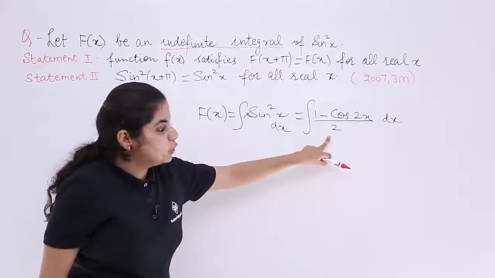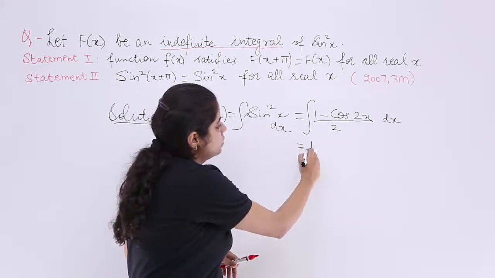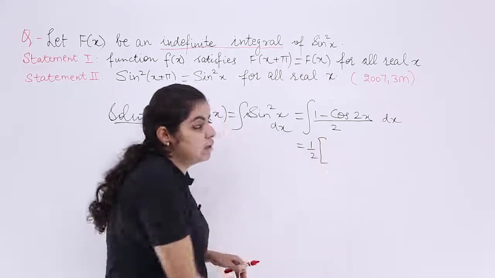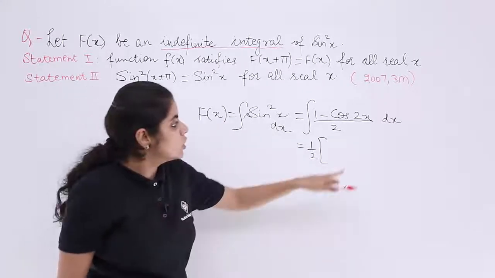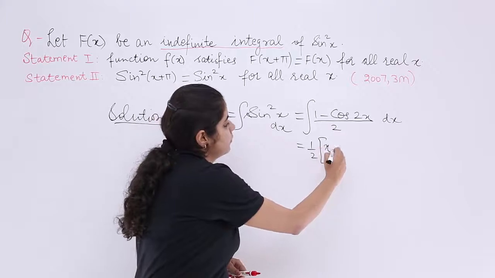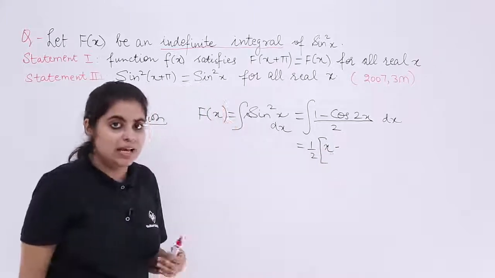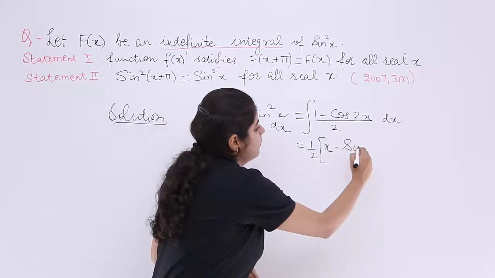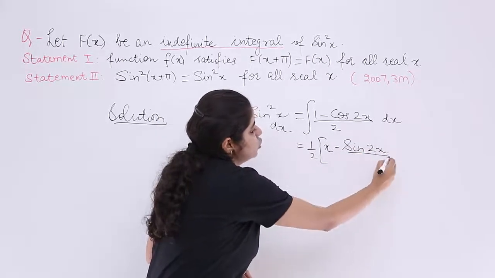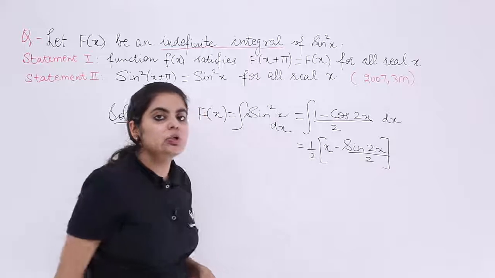Now 2 is a constant, it can be taken outside. 1 has the integration as the variable in consideration, so it is x. Minus stays minus as it is. Cos theta has the integration sine theta, and the 2 of the numerator goes in the denominator.